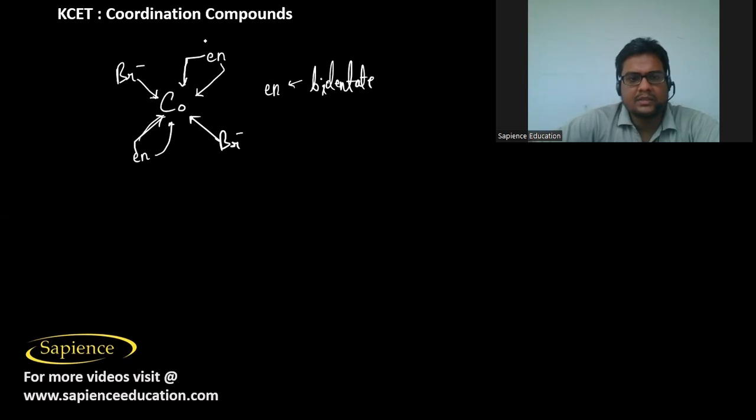So it has two lone pairs which it can donate, since it is a bidentate ligand, and Br- is a unidentate ligand.